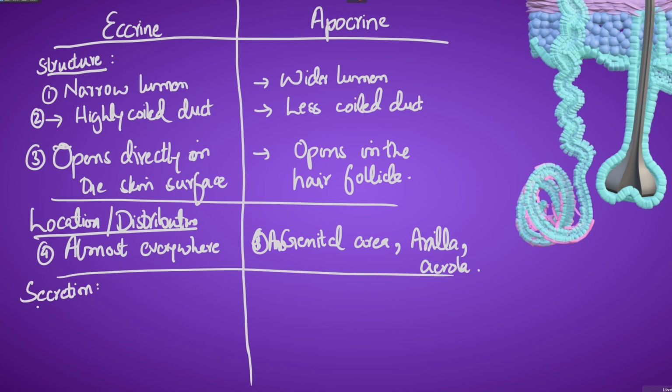Now, the secretions of the eccrine gland, it is watery secretion with some salts. Basically, it is the filtrate from the blood. These secretory cells filter the blood, and mostly water is there, and some salts, and most of the salts are rather reabsorbed back, but some salts are still there.